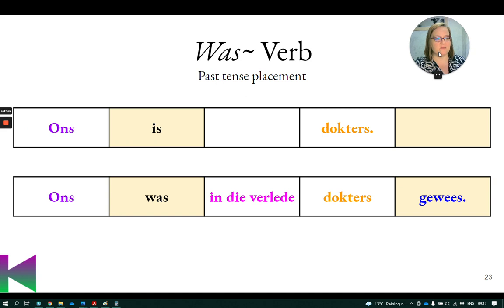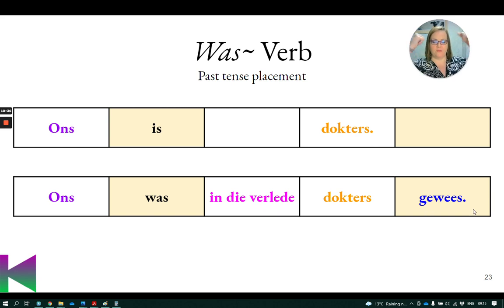Now, was is one of the exceptions, but it's one of the few exceptions. Afrikaans doesn't have so many exceptions like other languages. Okay, this is the present tense. Ons is dokters. We are doctors. Past tense. Ons was in die verlede, in the past, dokters gewees.